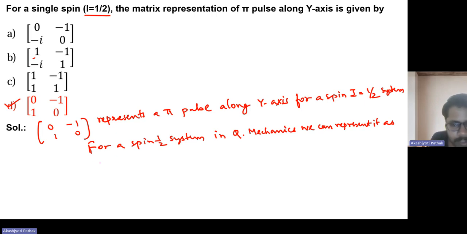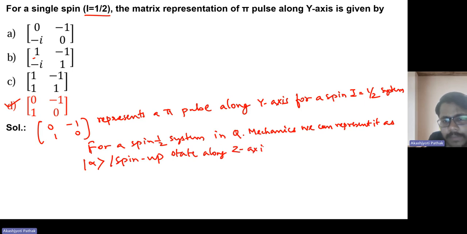When we are representing it in terms of quantum mechanics, your alpha spin, or the spin up state along the positive z axis, is represented by the vector 1, 0.